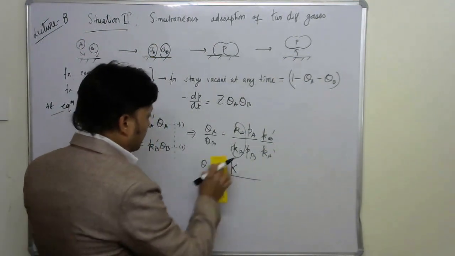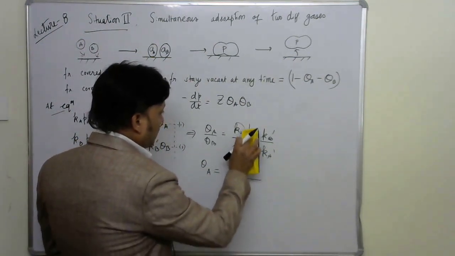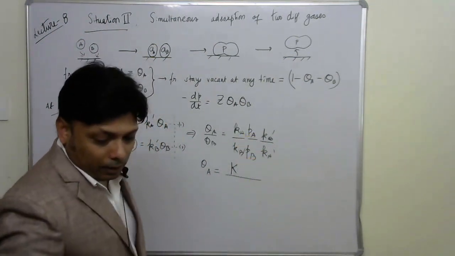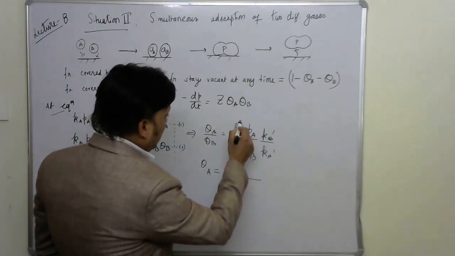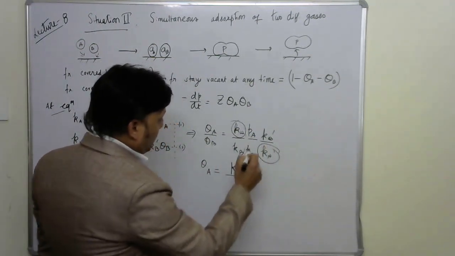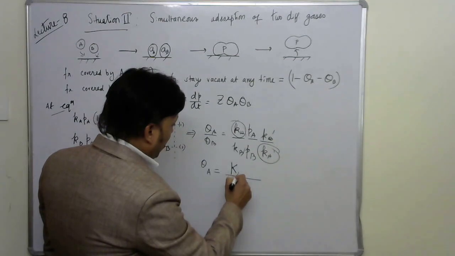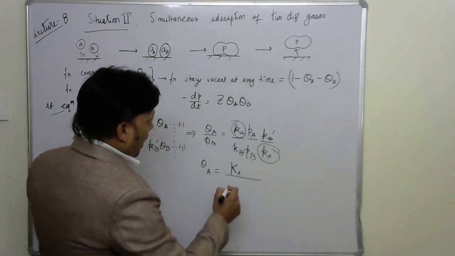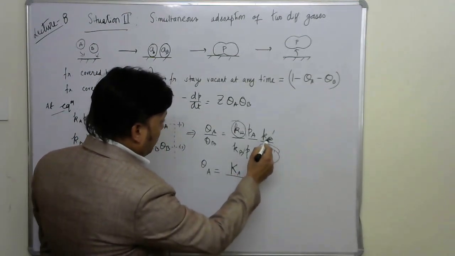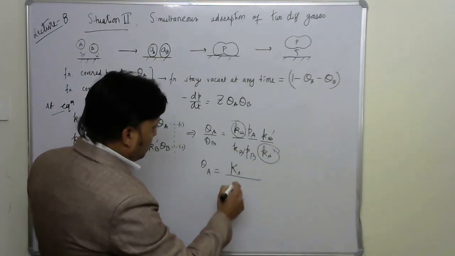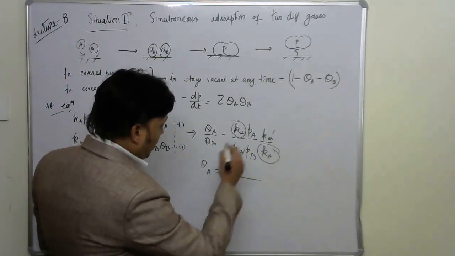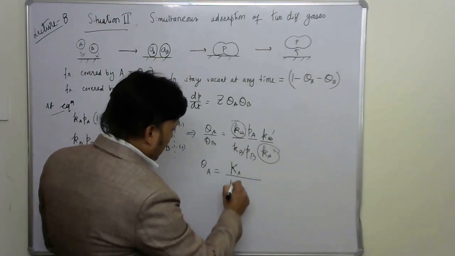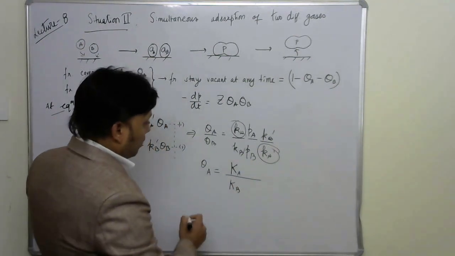Yes, so Ka divided by Ka prime becomes the K equilibrium of A, so we call it Ka. And then we have Kb prime over Kb, so this becomes the inverse of the equilibrium constant for gas B, alright?